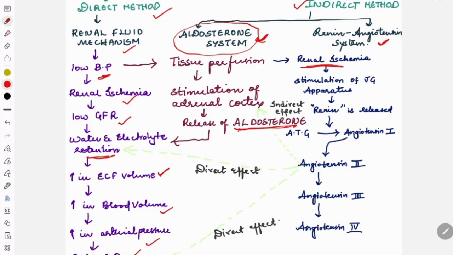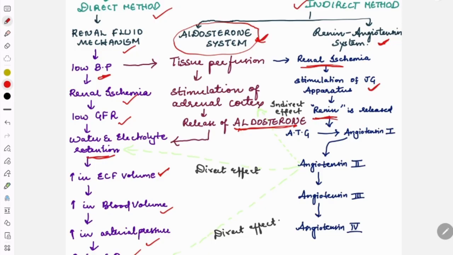Now, what is the renin angiotensin system? Because of decreased tissue perfusion, renal ischemia occurs, and in renal ischemia there is stimulation of the JG apparatus. Okay, whenever there is renal ischemia, there is decreased blood flow to the kidneys. The JG apparatus gets stimulated, and from this JG apparatus, renin is released.